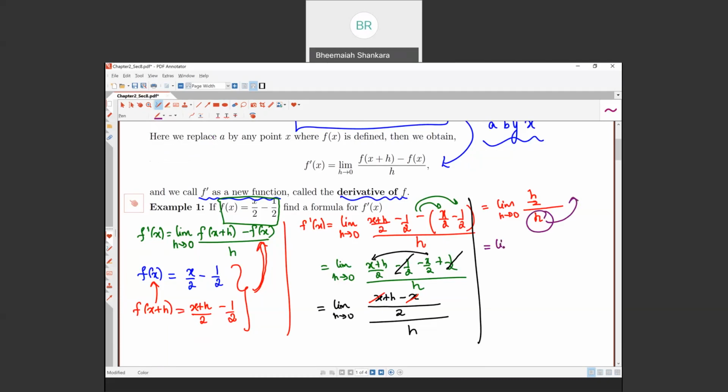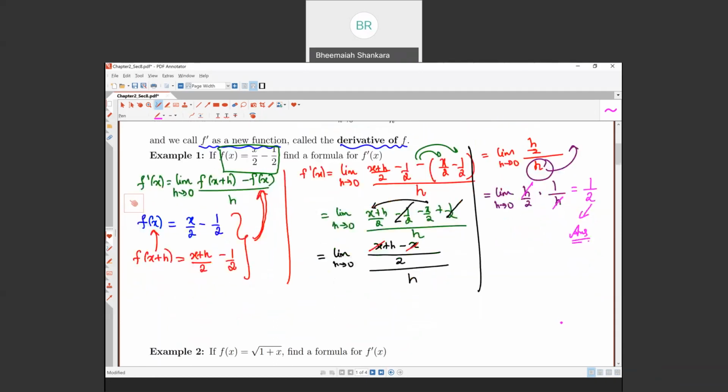So you will write this as the limit as h approaches 0 of h over 2 times 1 over h. Now you're good to cancel these h and you have 1 half. This 1 half does not have any h, so you don't have to plug in h equals 0. And this is your simplified and final answer. So the formula for f prime turns out to be 1 half.